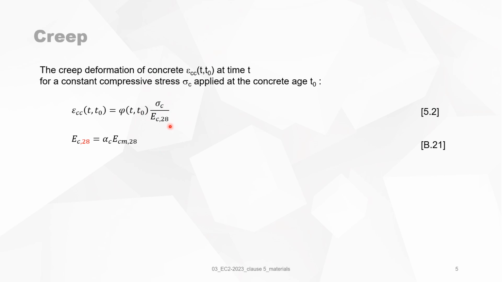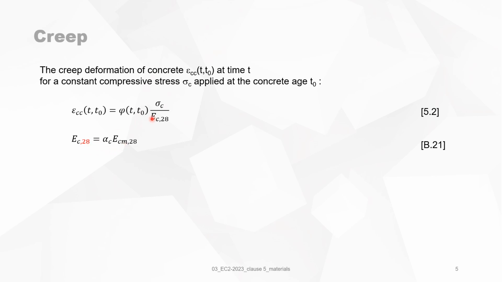It's denoted Ec28, and in the code, formula B21 says that Ec equals alpha c times Ecm28. So I assume this is a typing error or something like that. So I've added Ec28 because Ec is defined at the age of 28 days.